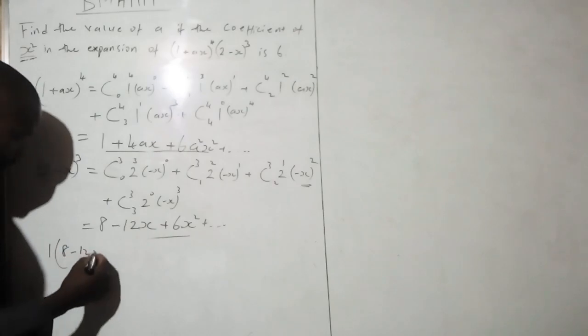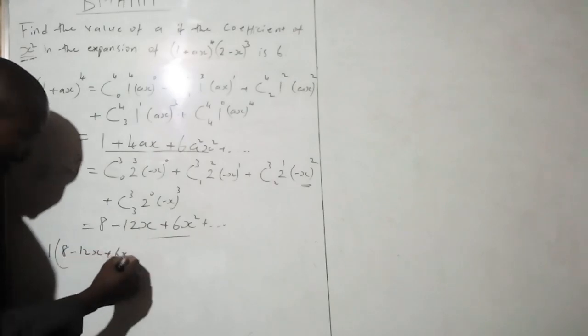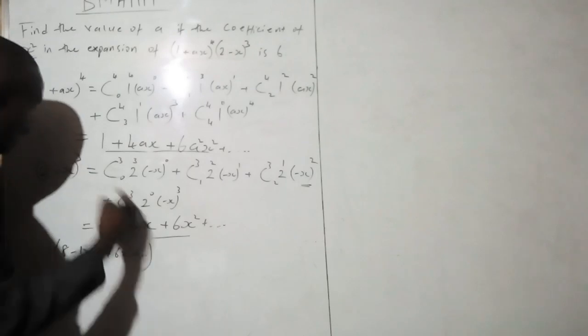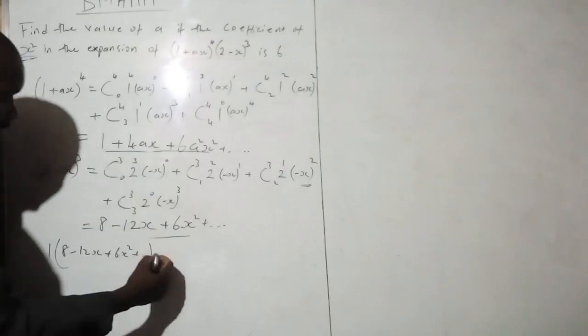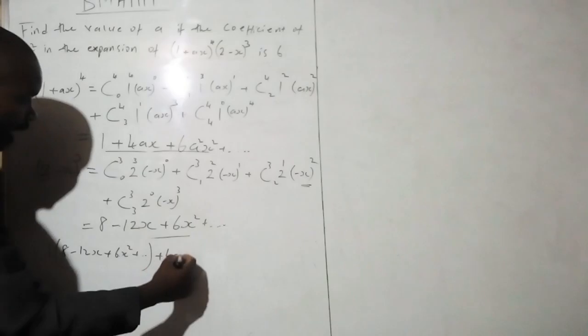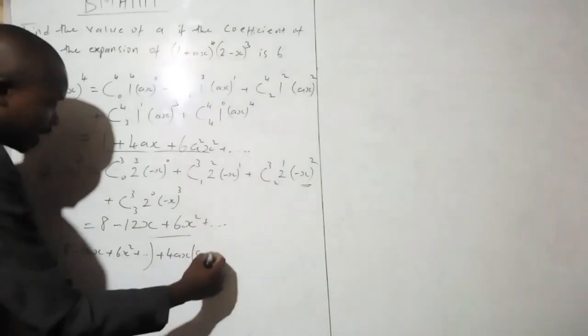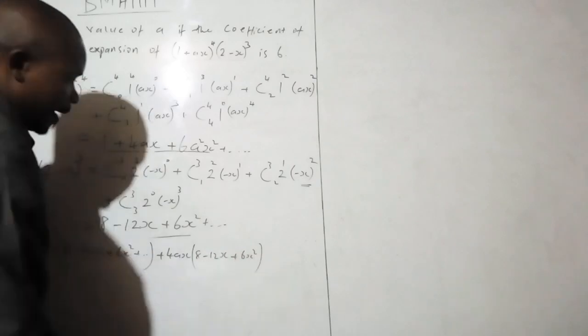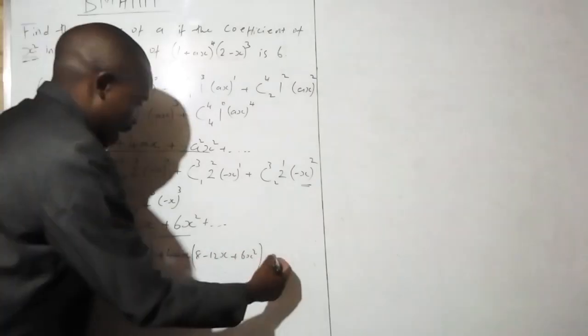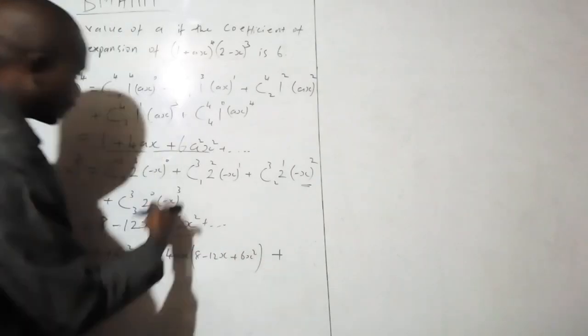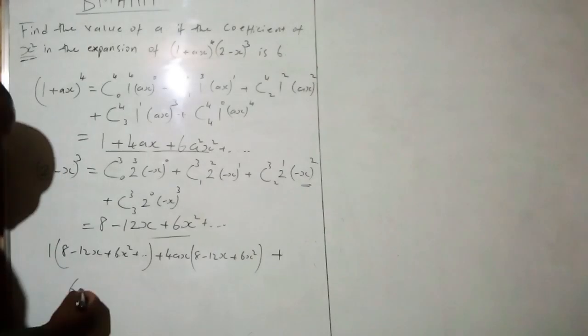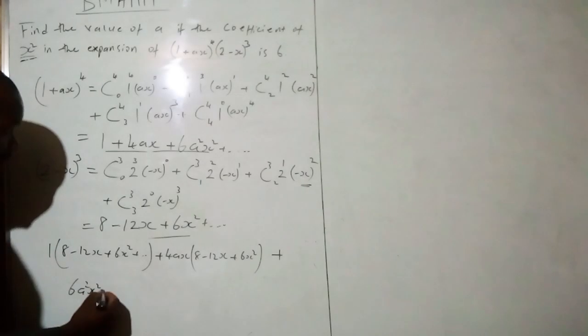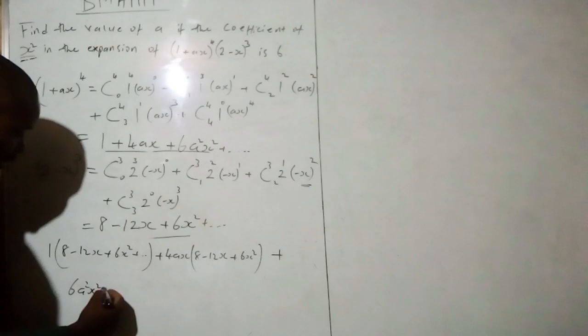Then next is plus 4ax times (8 - 12x + 6x squared), plus 6a squared x squared times (8 - 12x + 6x squared).